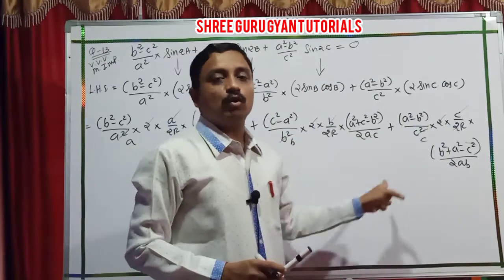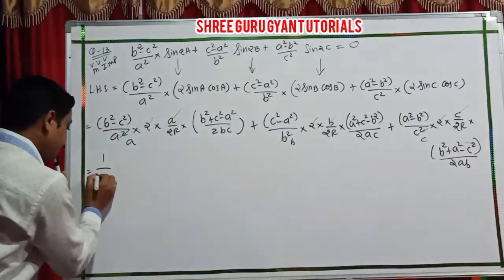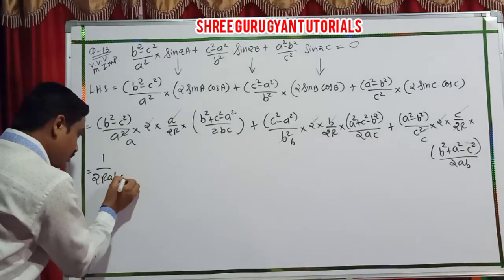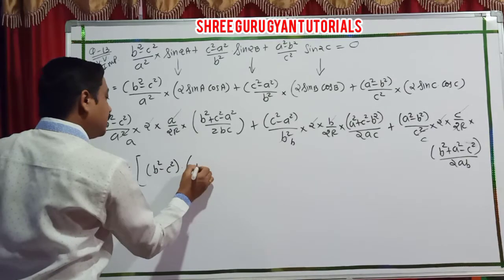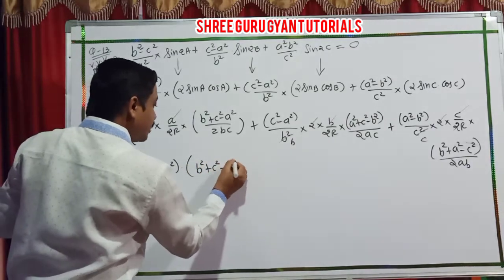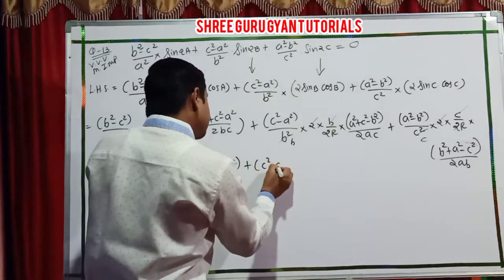Students, you take out the overall LCM, which is the same, 2R ABC. So 1 upon 2R ABC I am taking common. The other is this remaining. And that I already explained to you in the previous numerical, question number 12.